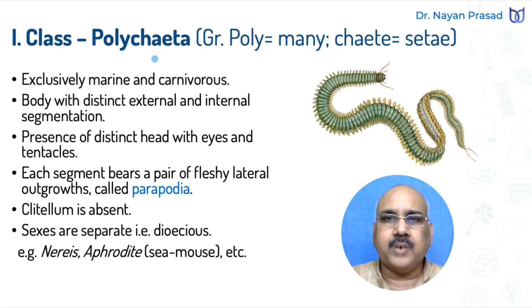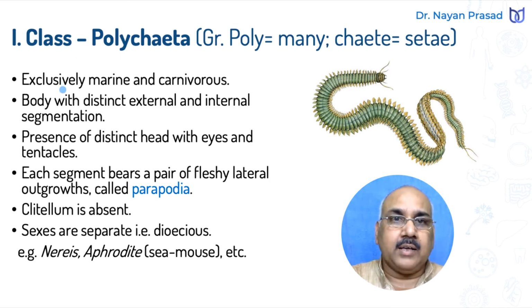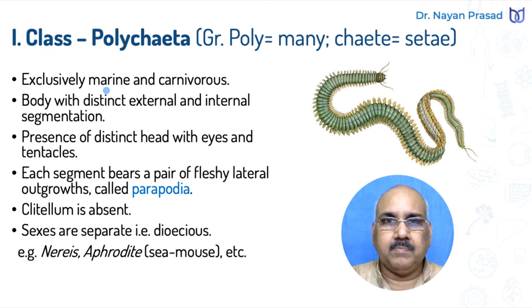Class Polychaeta. The term has been derived from the Greek language in which poly means many and chaetae, or the setae, are the locomotory structures. So they have many setae in their body. Polychaetes are exclusively marine, found only in the sea, and they are carnivorous, free living.